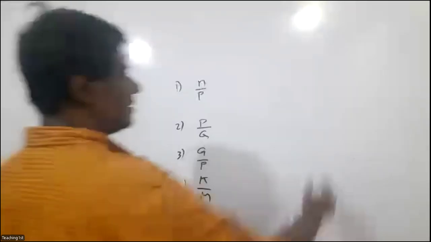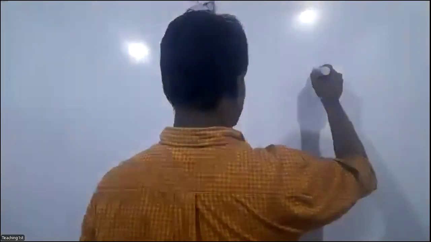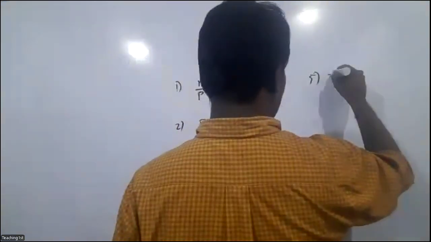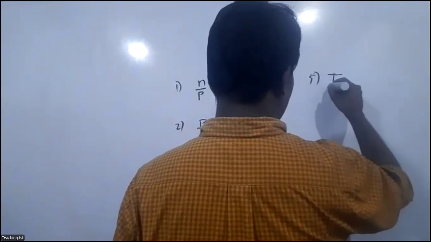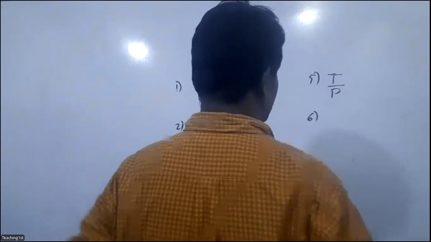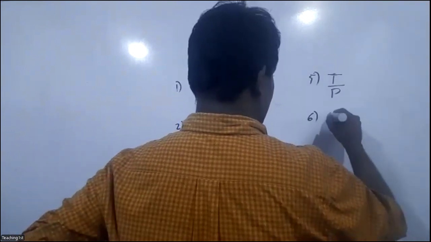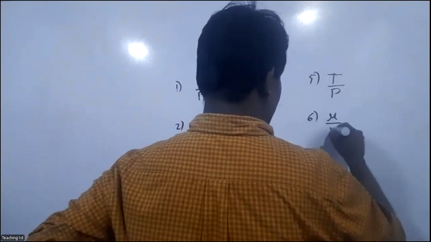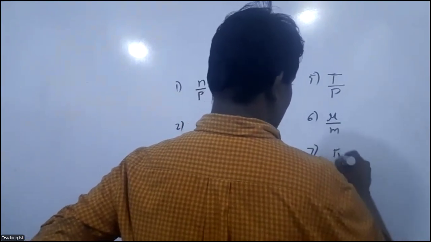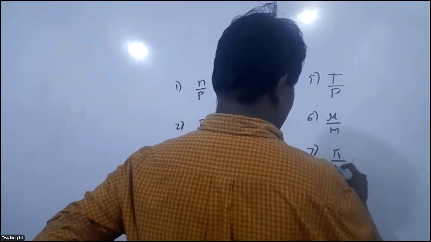Next one, tera over peta. Micro over milli. Kilo over milli.